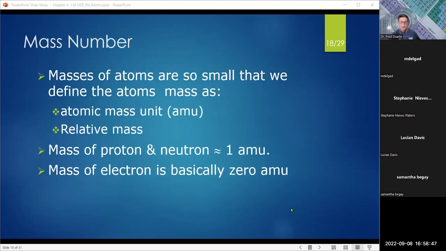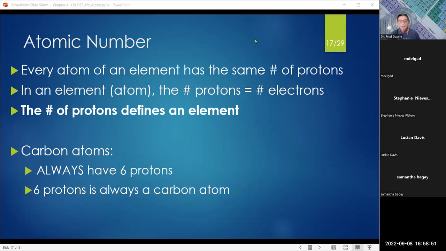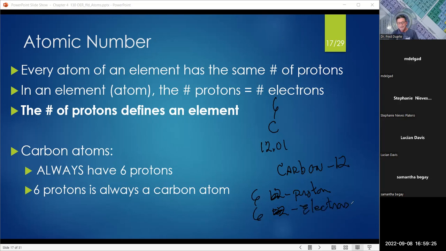Okay, and since carbon is number 6 and has 12.01, the most common isotope is carbon 12, which would have 6 protons, 6 electrons, and 6 neutrons. Okay.